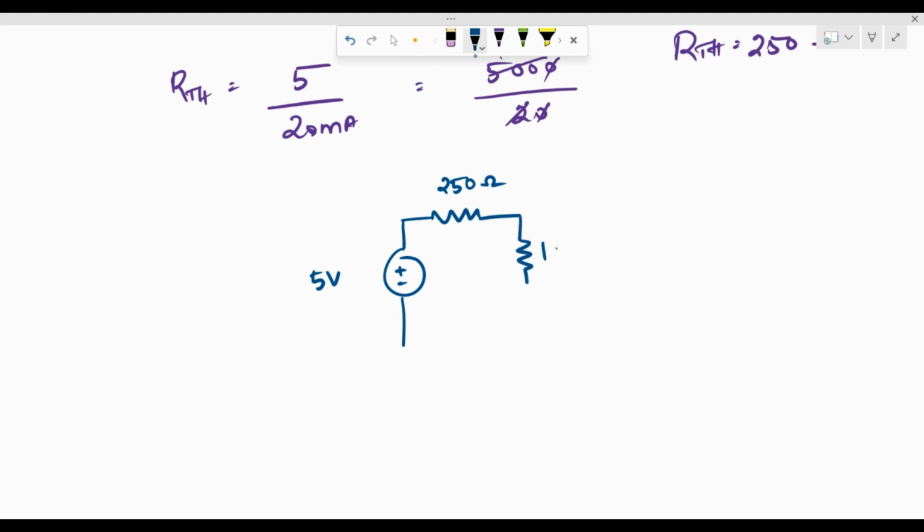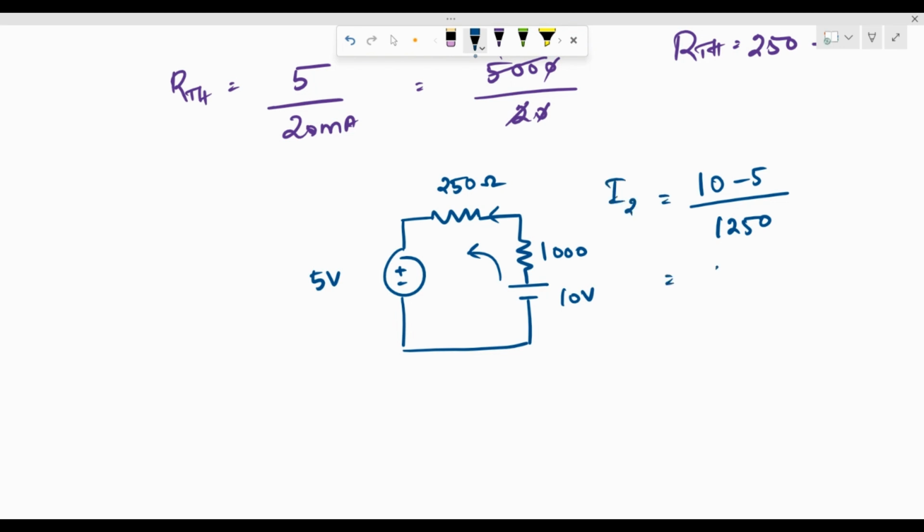I have a 1 kilo ohm over here and a 10 volts over here. So if I need to compute the current over here, I can simply write it as 10 minus 5 divided by 1250 because it's the same current which is flowing through it. That is going to be my I2, which is 5 divided by 1250. So that turns out to be 4 milliamps.